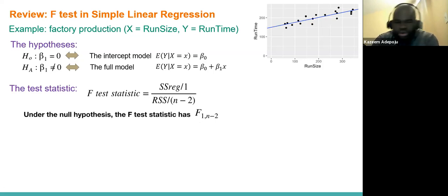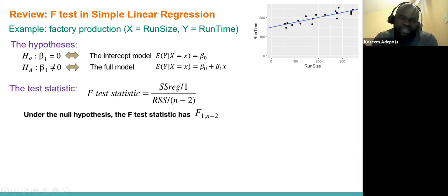So if we are carrying out a test, what we're doing right here is synonymous with what happens in a court of law. We want to pretend as if we're in a court of law right now, where we are trying to test between declaring for the intercept model and declaring for the full model.